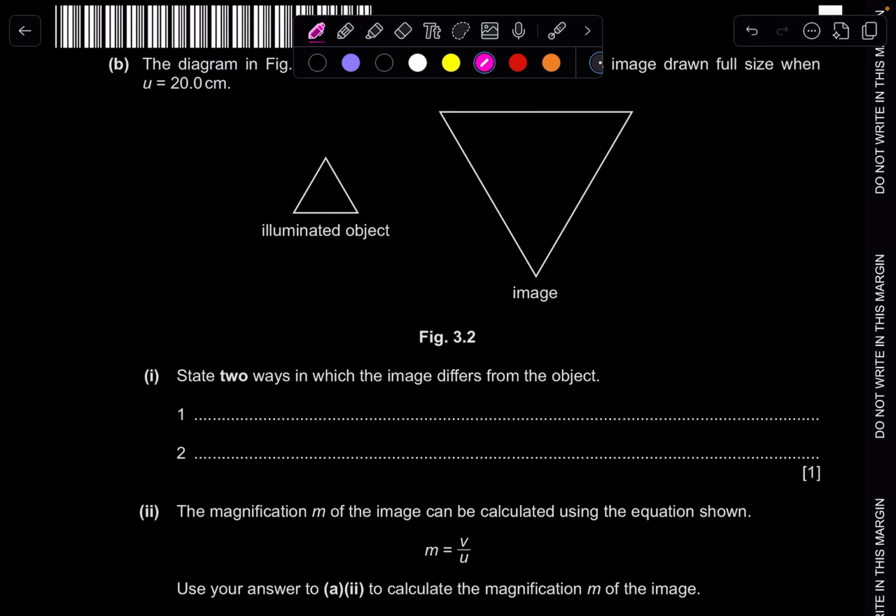One difference is that the image is inverted. What inverted means is it's upside down. And second, the object is small, the image is bigger in size. So that thing is called magnified. Okay.